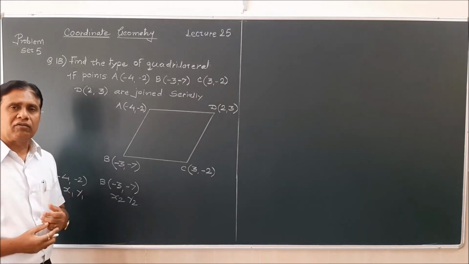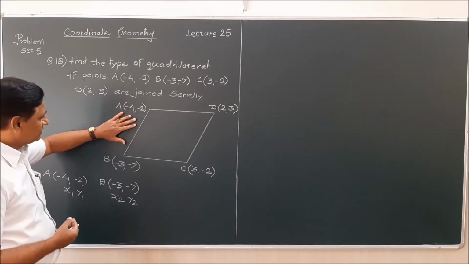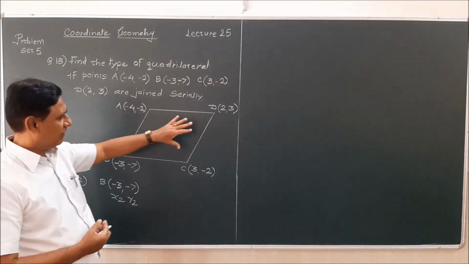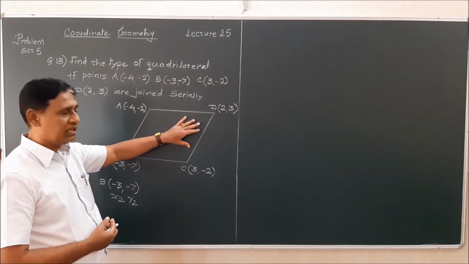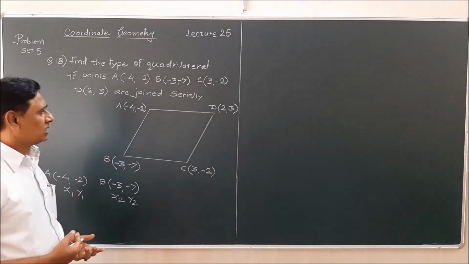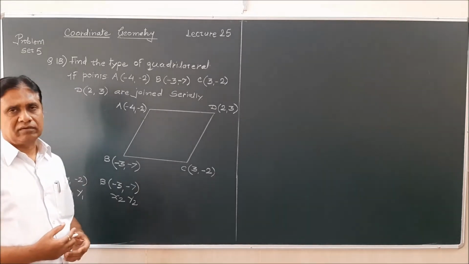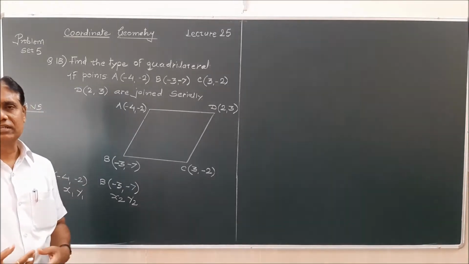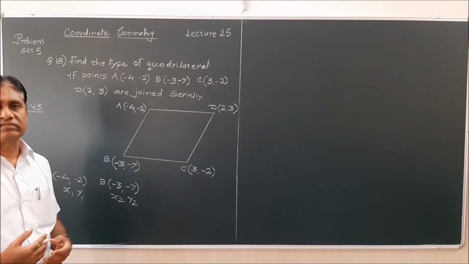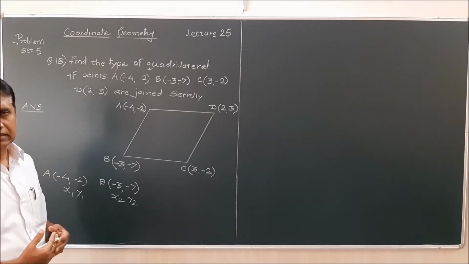So first of all, I am going to find the length of side AB, the length of side CD, the length of side AD, and then the length of side BC. And whatever results I get, on the basis of that, I will decide what type of quadrilateral it is.